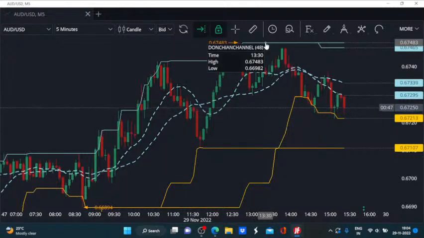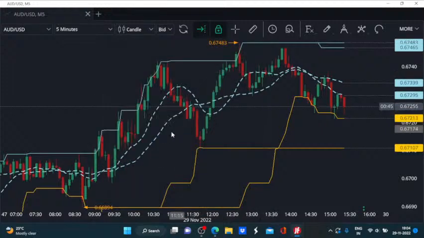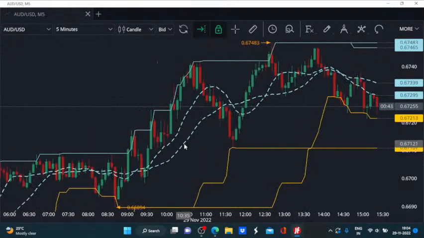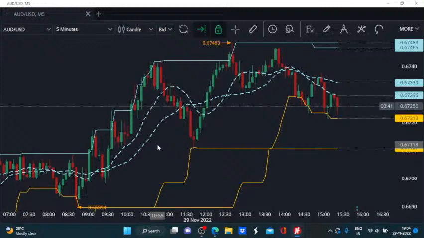So that's a rise of more than 100 pips, and even now it is looking stronger for the day. In this respect, if any buy trade has to be taken, the first preference will of course have to be given to the AUD USD compared to the Euro USD, which is simply going sideways. It is not really going anywhere. So we have a clear advantage with the AUD USD in terms of buying.